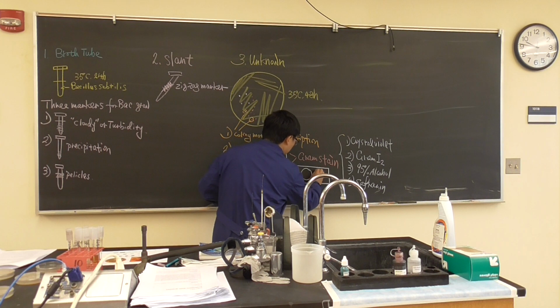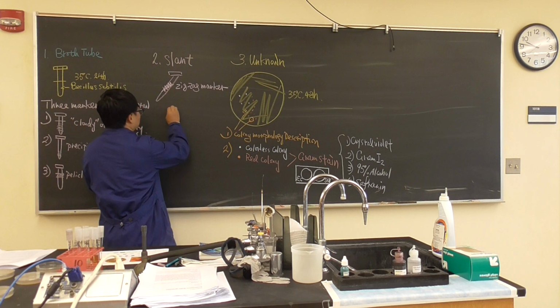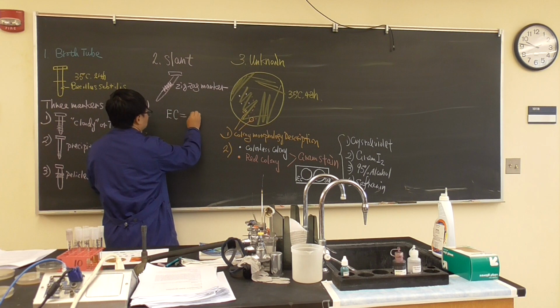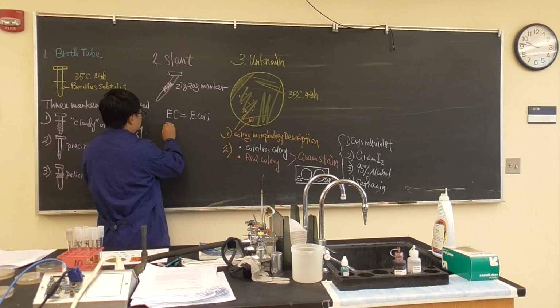Okay? So you should have 2 bacteria, one is EC, another one is SM. EC stands for E. coli, that's easy. What is SM? That is Serratia.